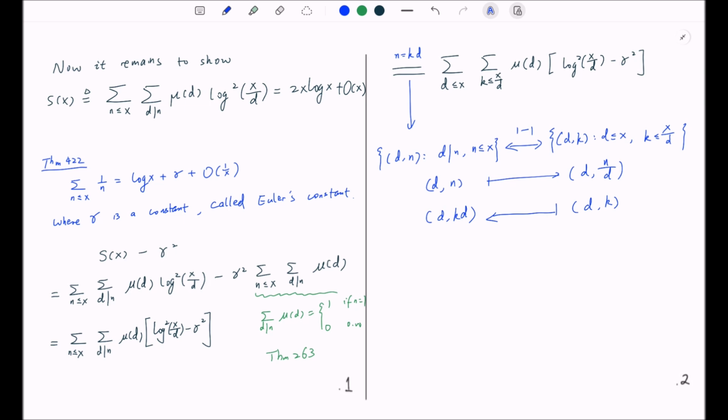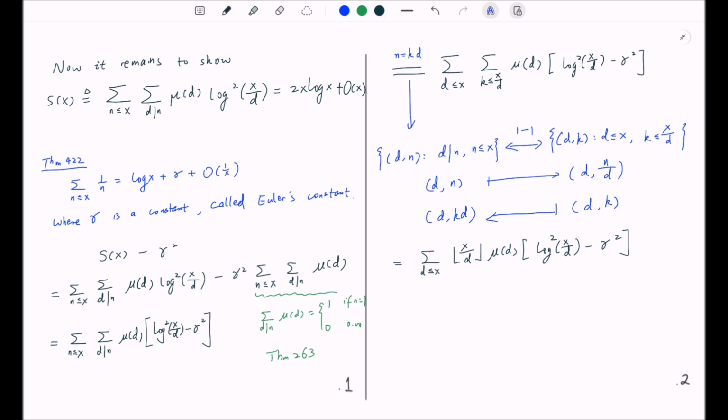And now, let's continue. You may observe that this k is a vacuous variable in this summation, meaning it is just counting how many terms there are in this inner sum. How many terms? They are precisely the floor of x divided by d many terms. So we can simplify this to a single sum.